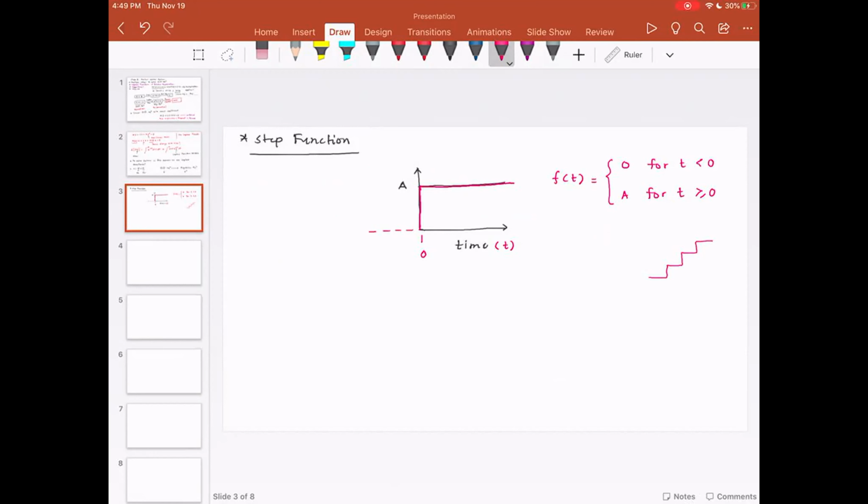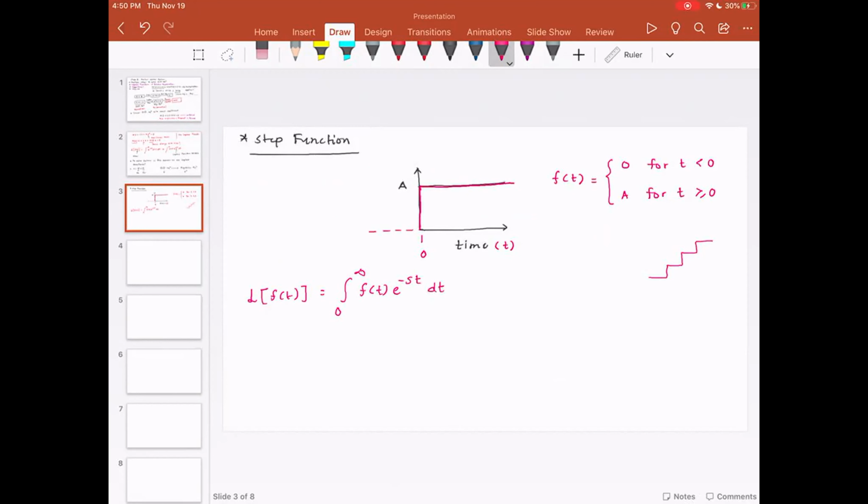And now I want to find out the Laplace transform of this step function. What is the equation for the Laplace transform? Laplace transform of f of t is given as the integral from 0 to infinity of f of t e to the minus st dt.